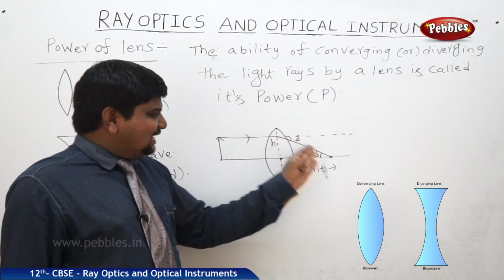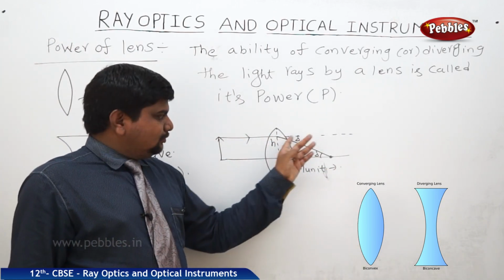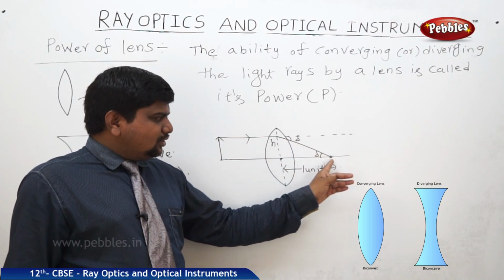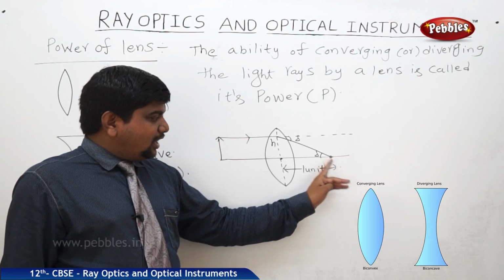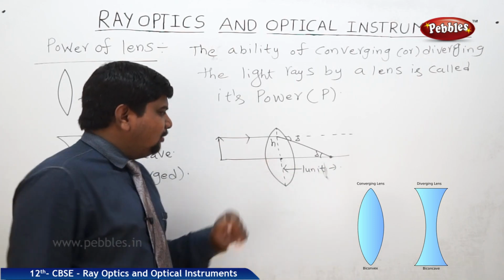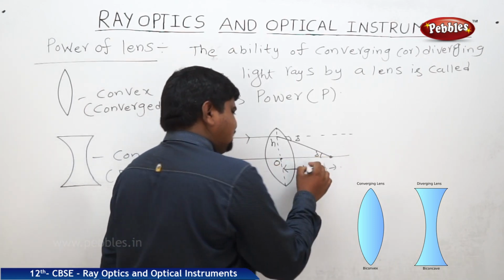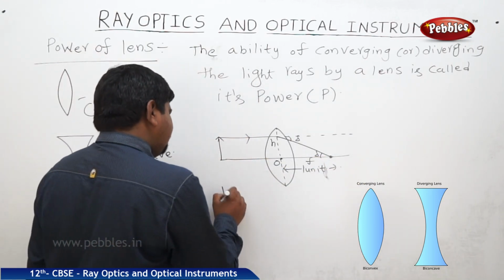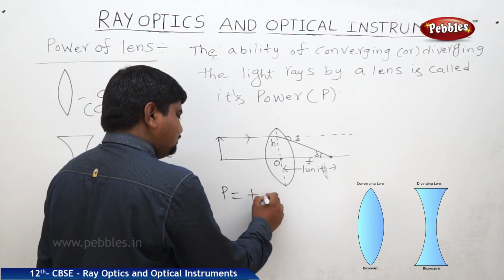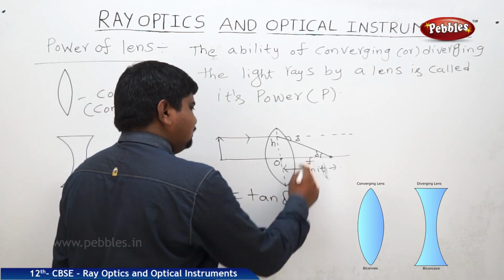So we draw a tangent towards the optic axis at the point of converging, and this point is at some distance from the optical center. Let us take this one as F. So the power of a lens is equal to tan delta. So what is tan delta?